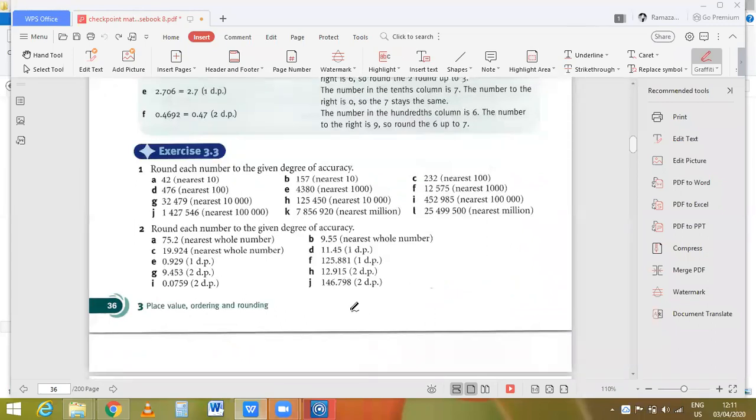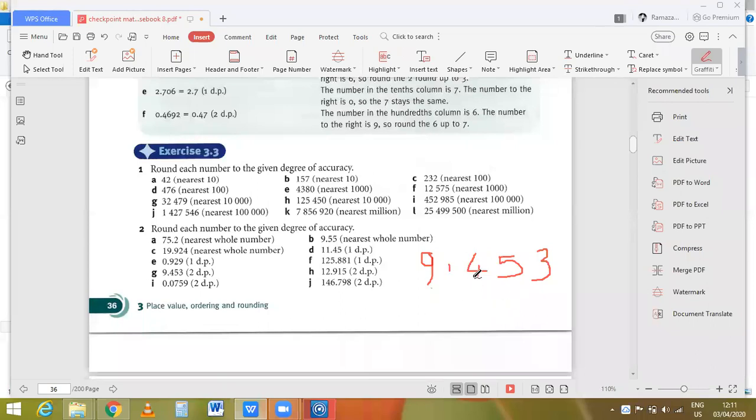Okay, we are doing the G now, 9.453. Since it's asking the second decimal point, you need to find out which one is the second decimal point here. Let's count together.